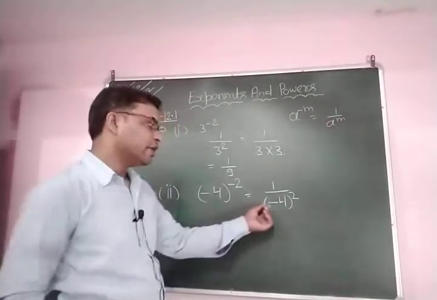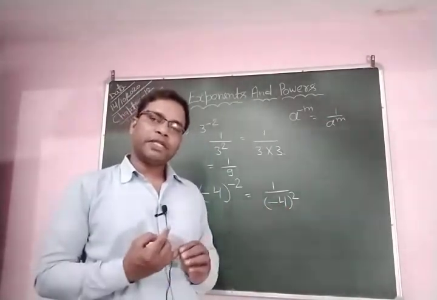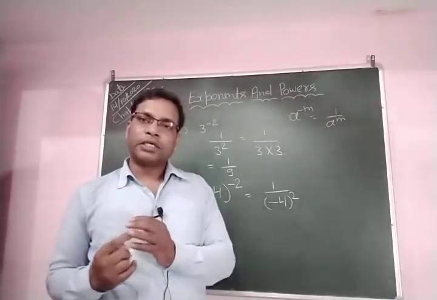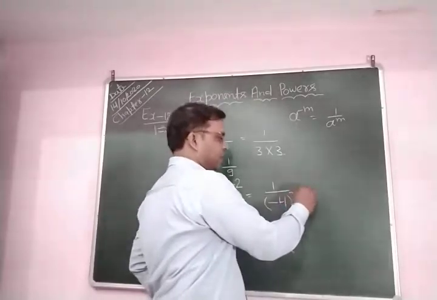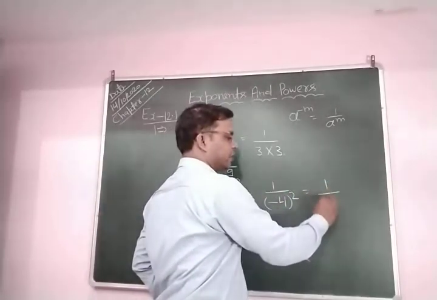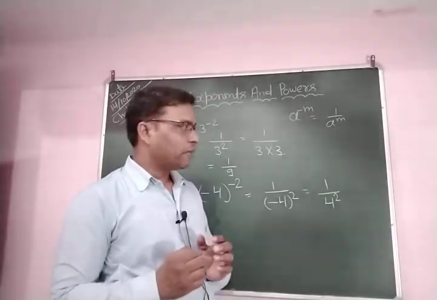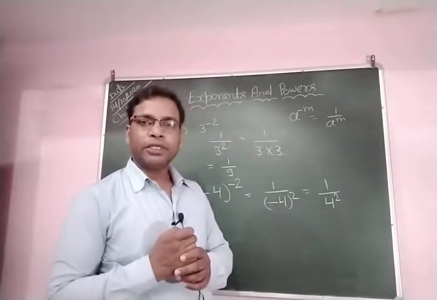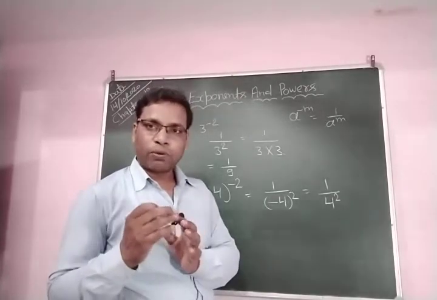Here you can see this is minus 4 and the power is 2. 2 is an even number. If the power is an even number for any negative quantity, then it automatically becomes positive. So 1 upon 4 power 2 means 1 by 4 into 4.